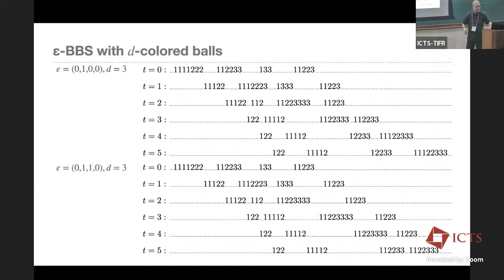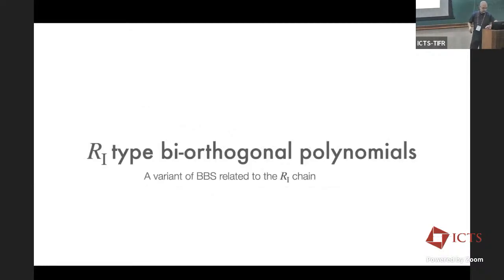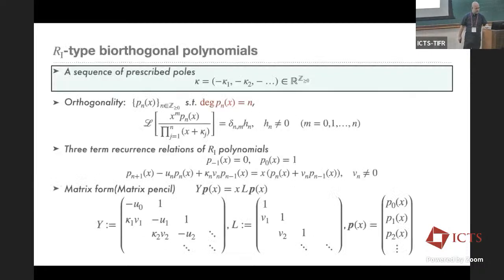I introduced a rather complicated version, but a bit simpler extension has been done in terms of R1 type biorthogonal polynomials. This is also very well known in the theory of classical orthogonal polynomial systems. And this is also possible to consider as an extension of Laurent polynomials.